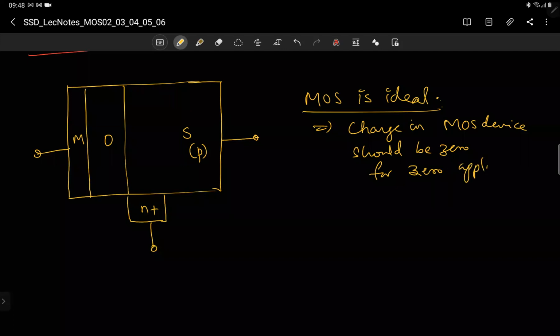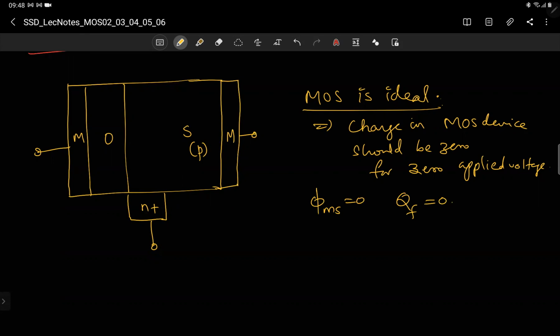Sorry, here there should be another M. So for that, what we have seen is phi ms is 0 and QF should be 0.